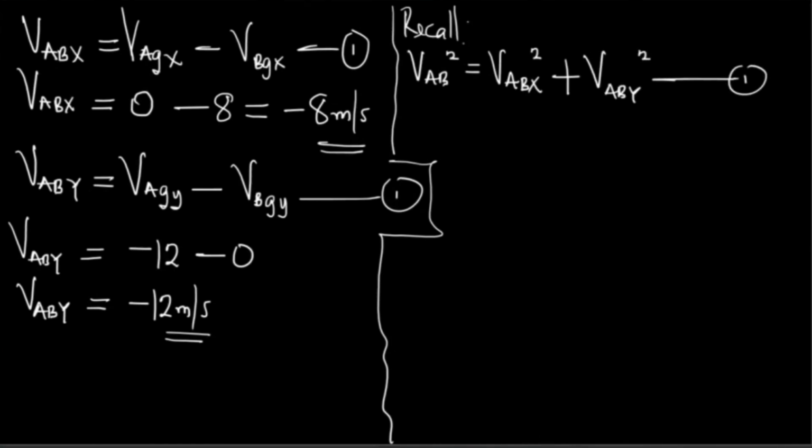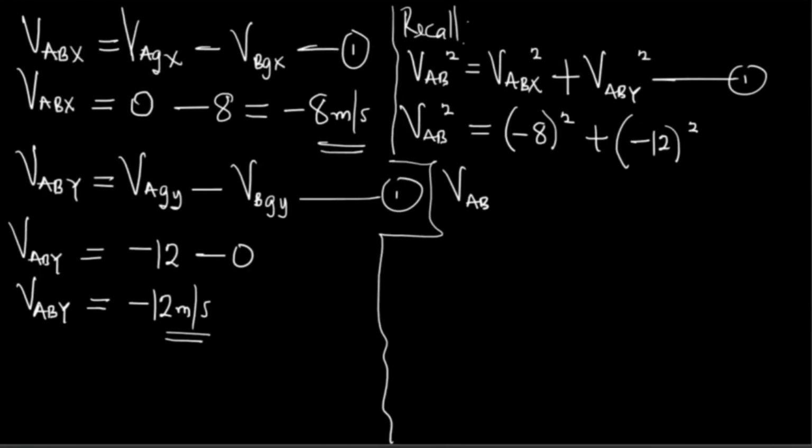This is the original equation. So you substitute: for x it's minus 8, squared, plus minus 12 squared.